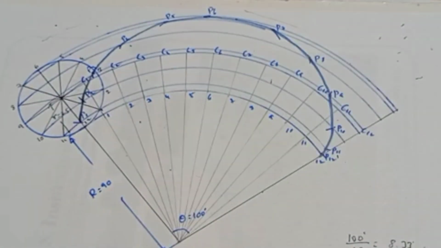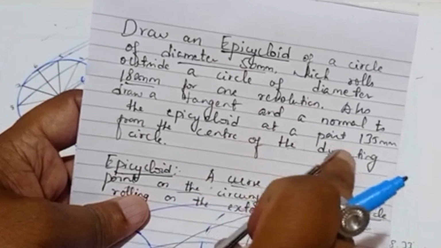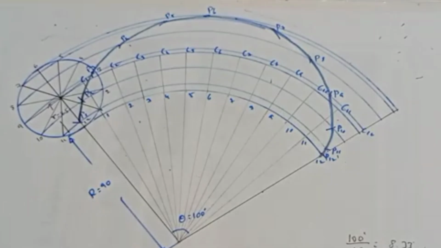Now we have to draw the tangent here. For the tangent, you can see we draw the tangent and normal to the epicycloid at a distance of 135. So that means we have to measure a distance of 135 from the scale.